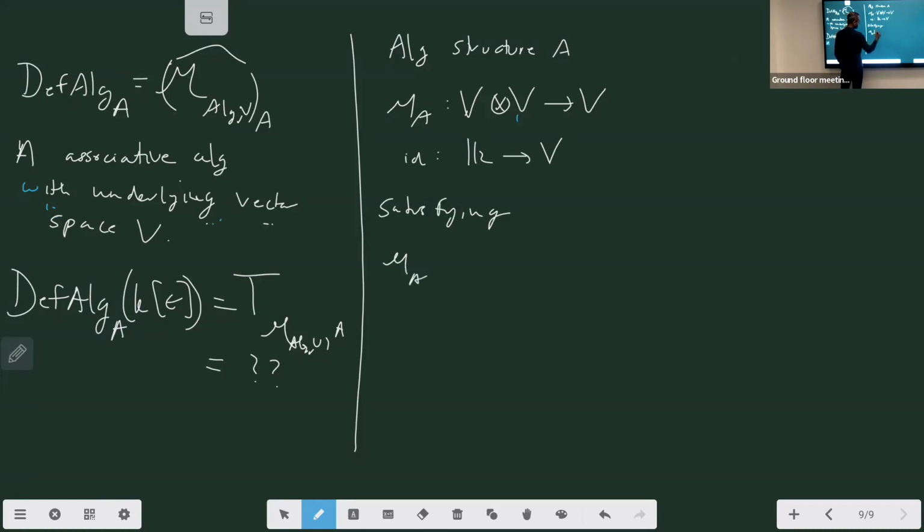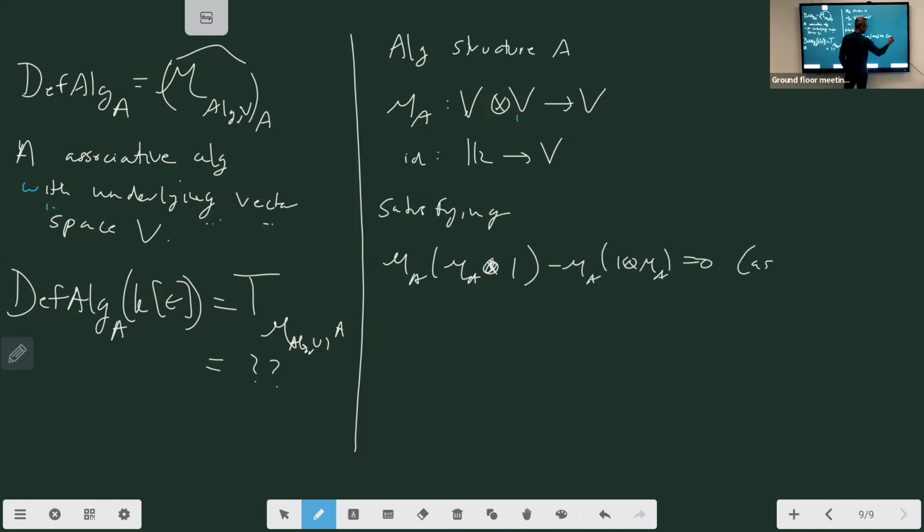mu_A of (mu_A tensor 1), sorry, minus mu_A of (1 tensor mu_A), equals 0. This is associativity, plus identity axioms.